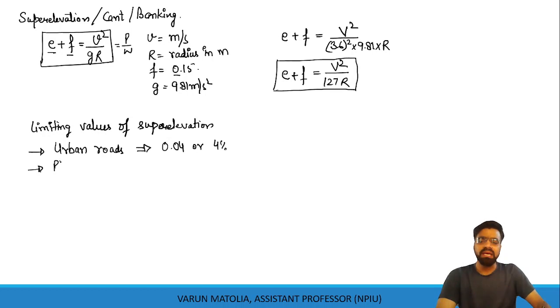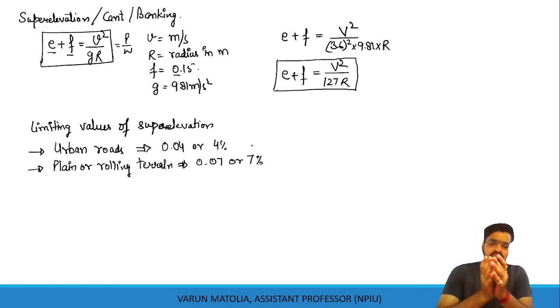For plain or rolling terrain, it is 0.07 or 7%. These are the maximum values which can be adopted as super elevation.